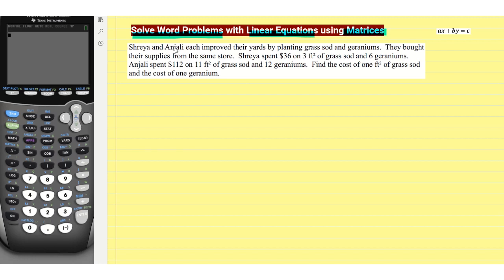I do not know how to pronounce these two names, so we're just going to call them Shia and Angie. Shia and Angie each improved their yards by planting grass sod and geraniums. They bought their supplies from the same store.